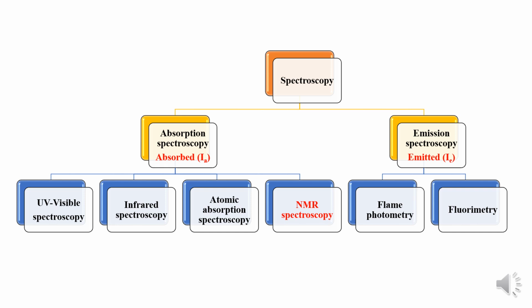In case of emission spectroscopy, we are trying to measure the IE component, that is the intensity of the emitted radiation by the drug molecule. Under absorption spectroscopy, we have UV visible spectroscopy, infrared spectroscopy, atomic absorption spectroscopy, and NMR spectroscopy.